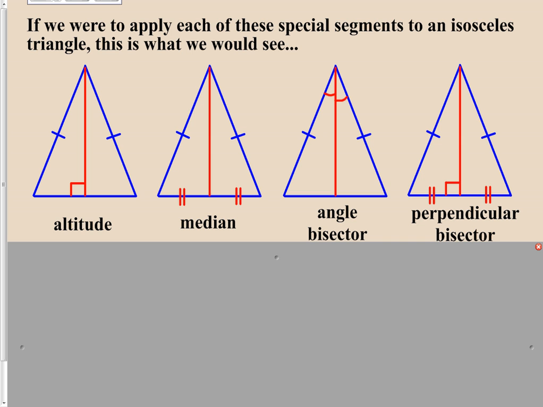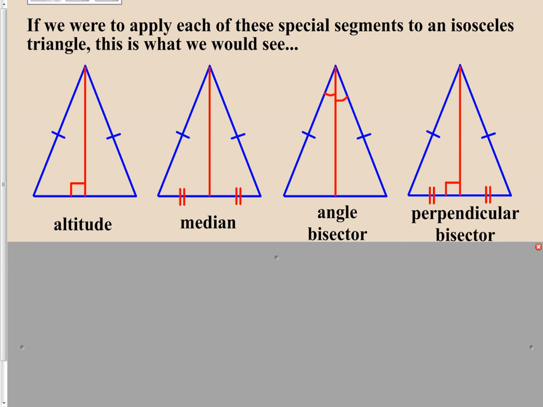Now I positioned all of these terms, the altitude on the left, the median at the left center, the angle bisector at the right center, and the perpendicular bisector at the right hand side. All of these are positioned exactly according to where their definitions say they should be, even to scale. So that altitude is exactly where it's supposed to be so that it can form a right angle with the side that it's connecting to.